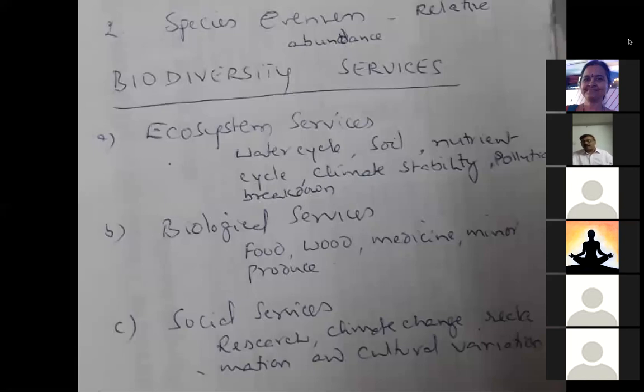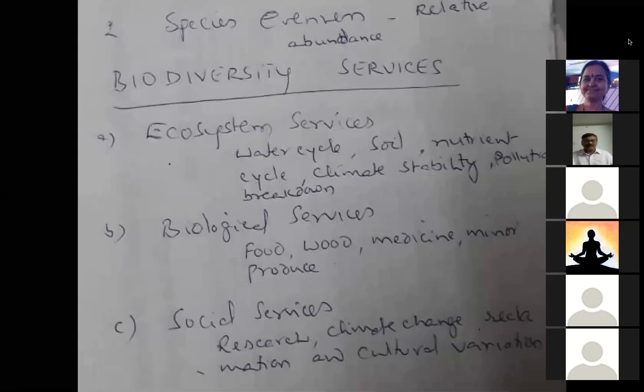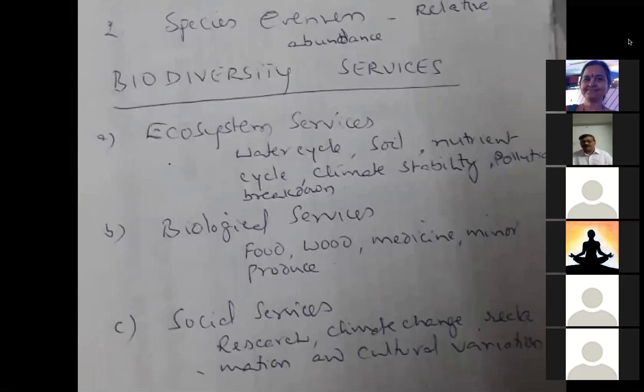Then social services. You can conduct research because a plantation is available, and study how it is helping. You can study climate change. You can conduct research on various factors and on the reclamation of soil because of the roots binding the soil, how soil can be reclaimed, and what methods we can suggest.